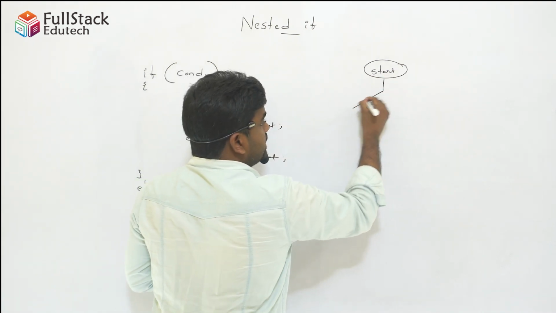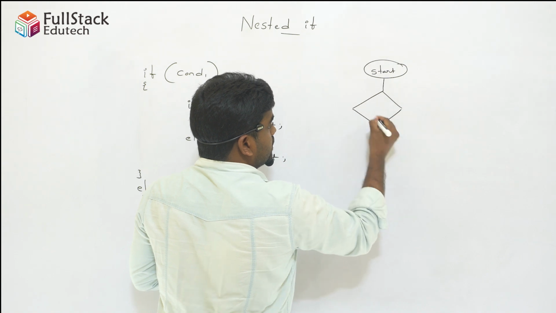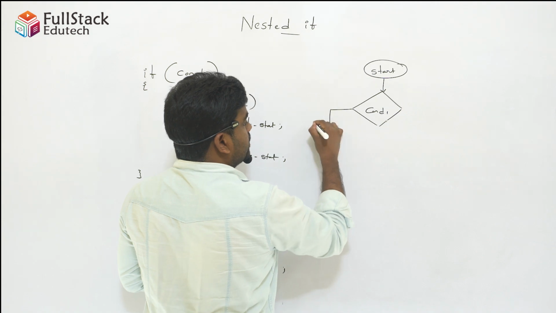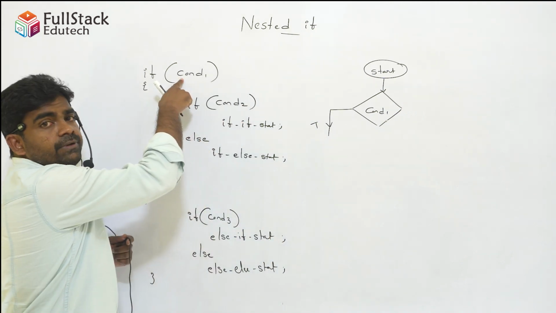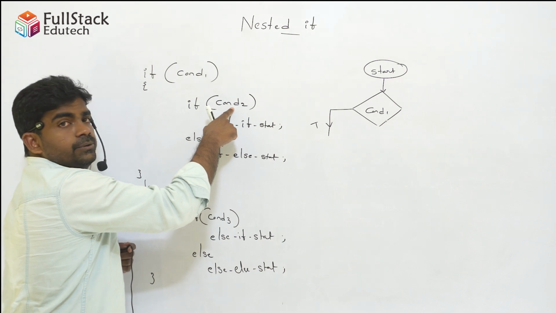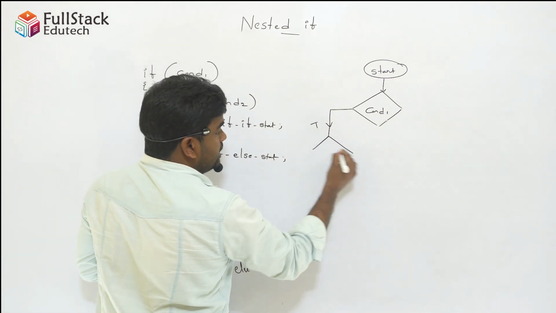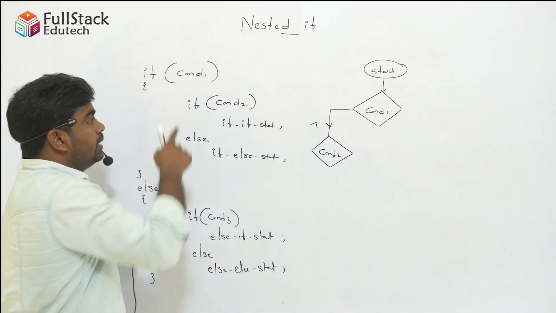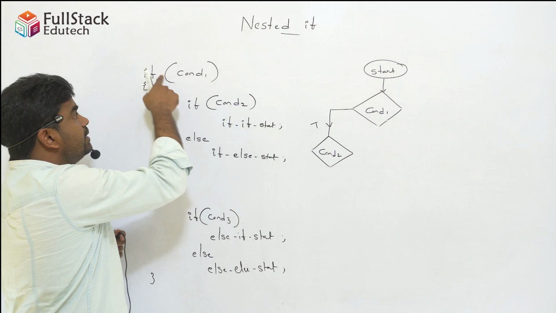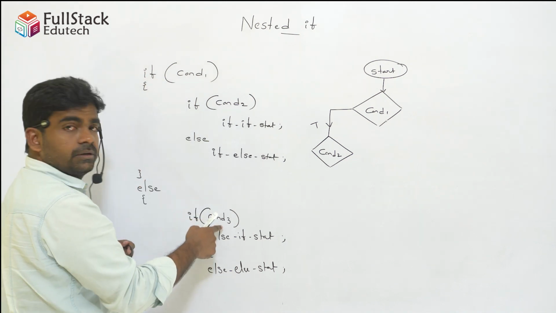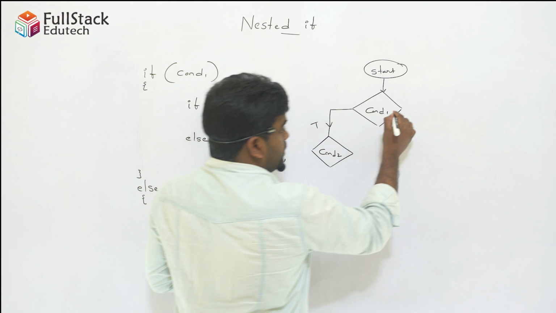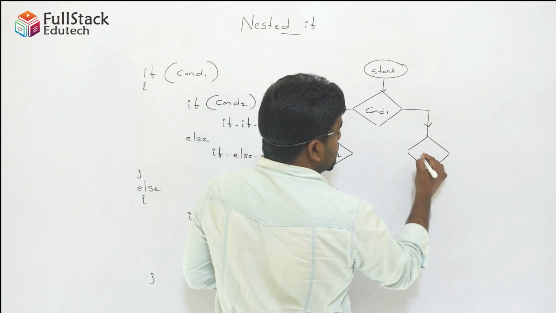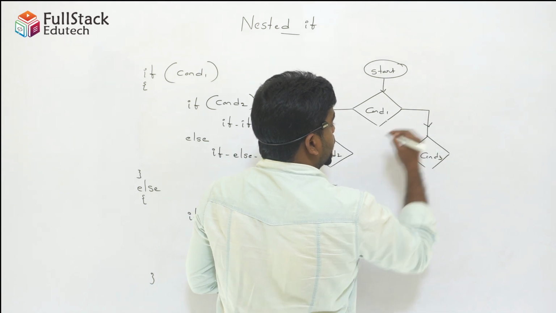If this condition is valid, condition 1 is valid, then condition 2 gets checked. Suppose this condition failed, then it will come to the else block, where condition 3 gets executed.